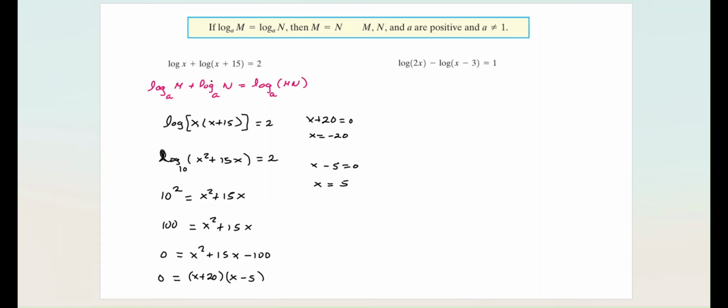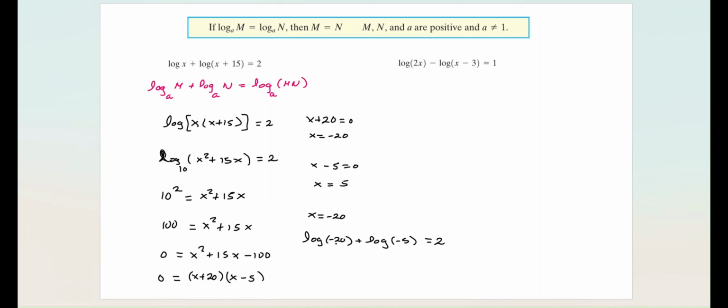Now again we have to substitute the x values. When you substitute x by negative 20, the equation becomes log of negative 20 plus the log of negative 20 plus 15, which is negative 5, equals 2.